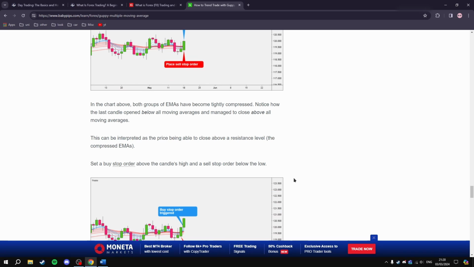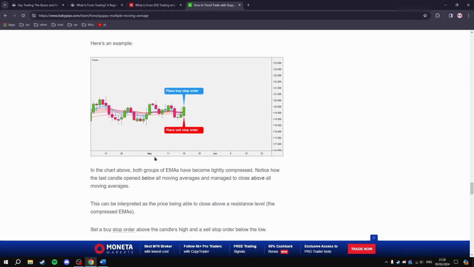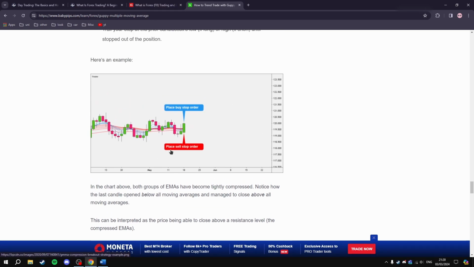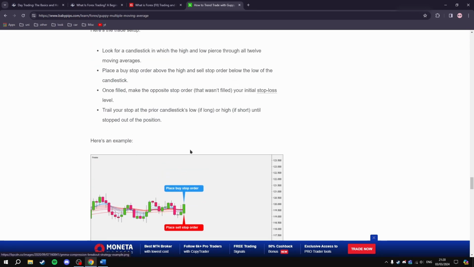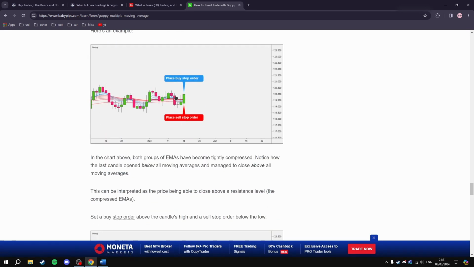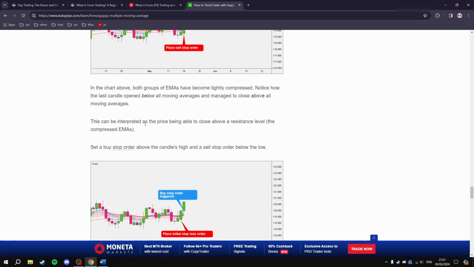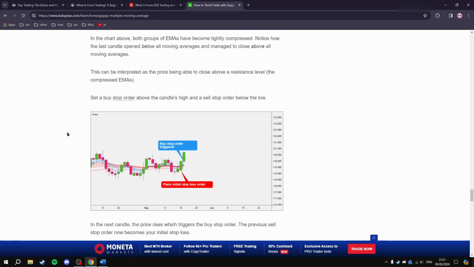Notice how the last candle opened below all moving averages and managed to close above all moving averages. So the moving averages can basically go through the middle of it. This can be interpreted as price being able to close above a resistance level with the compressed exponential moving averages. Set a buy stop order above the candle's high and a sell stop order below the low.